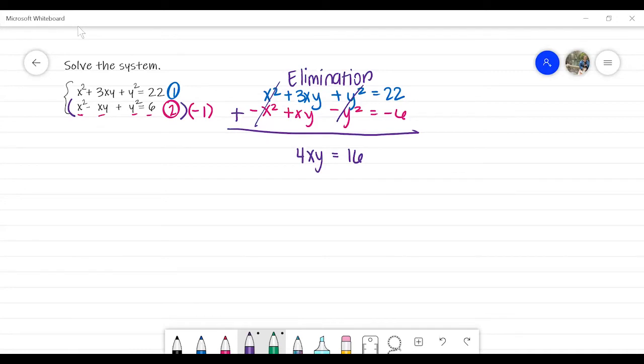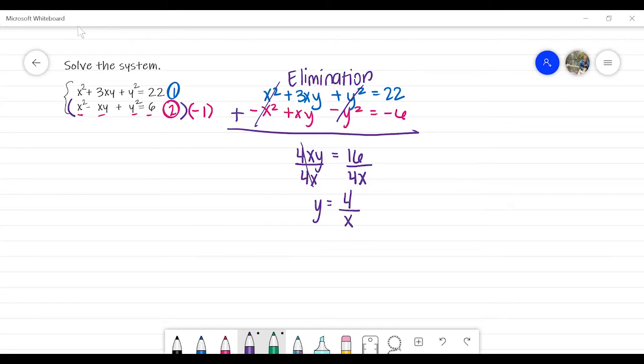We're going to divide by either the 4 and the x or the 4 and the y. In other words, we're going to write one variable in terms of the other. I'm going to just divide by the 4x. You could try this with 4y, and you'll be just fine if you do. So I've got my 4 and my x both cancel. I've got y is equal to, this reduces to 4 over x.